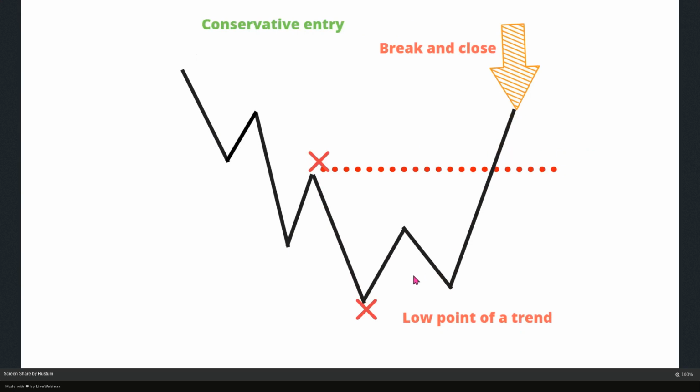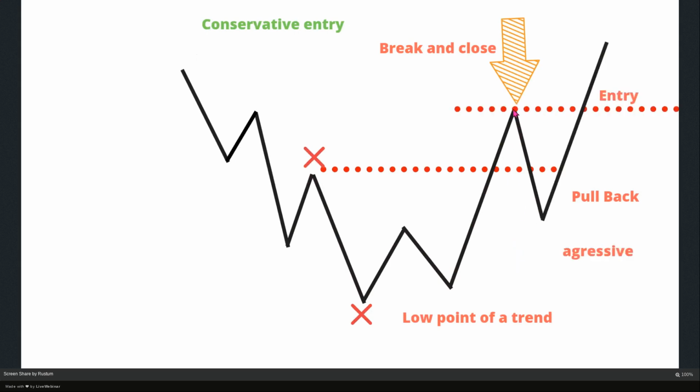So now we are fairly confident that these sellers are taken out. And then you need a pullback. So that high up there needs to break before we can call this a conservative entry.